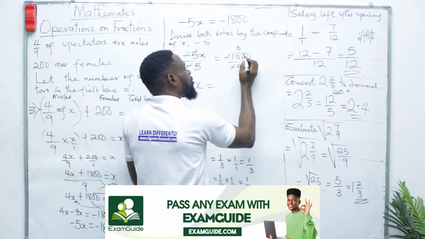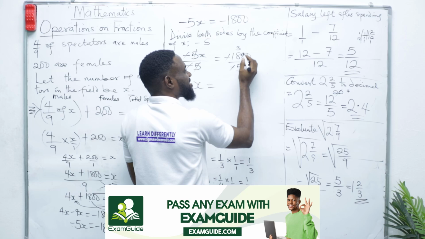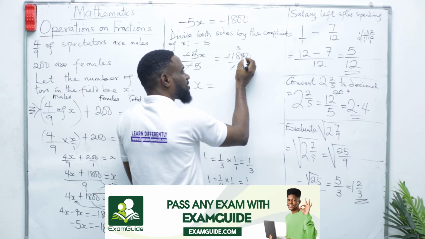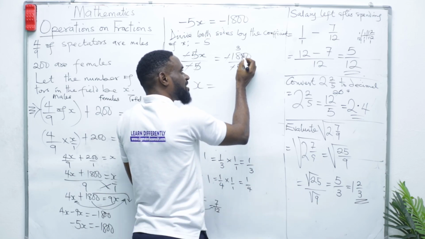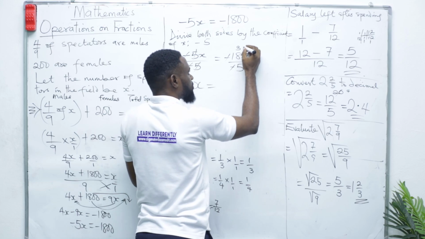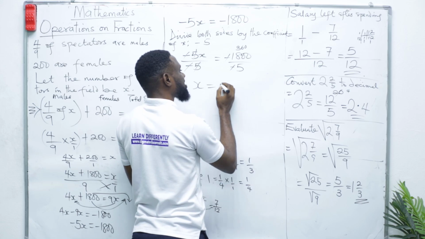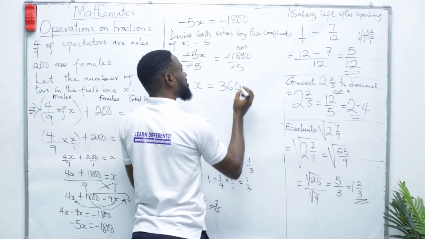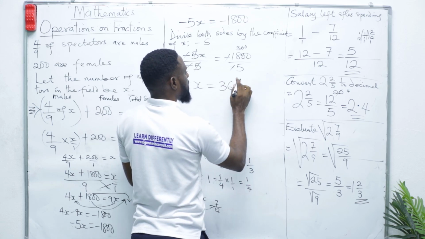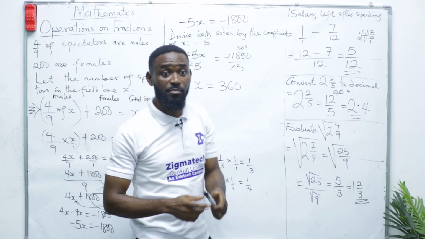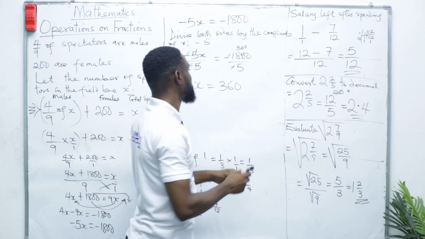So that 3, we put it to this first 0. It becomes 30, right? 5 into 30 is 6. And this last 0 is brought down. So it is 360. 360 people. So there are 360 spectators.